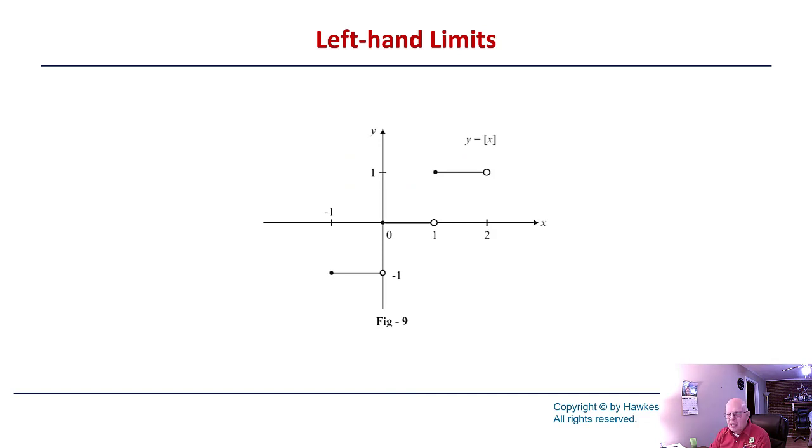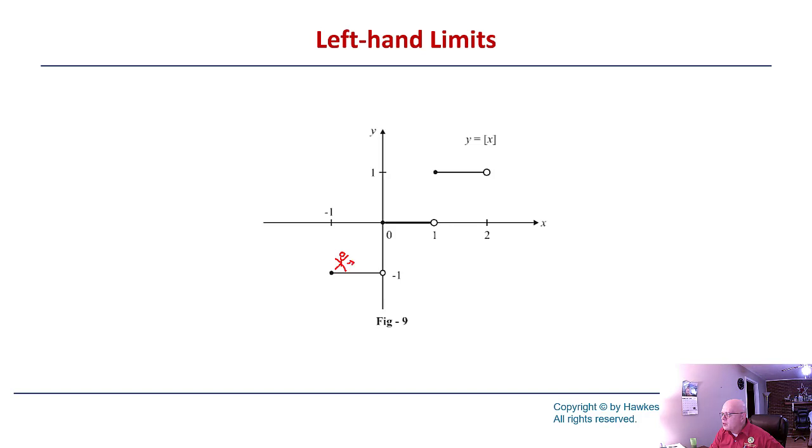Here's a picture, and remember, we're on this function, we're starting from the left, and we're getting close to some value. So if we look at this, we're talking about what happens as x approaches 0. So here we are. Sorry about the stick figure, I'm not that good.